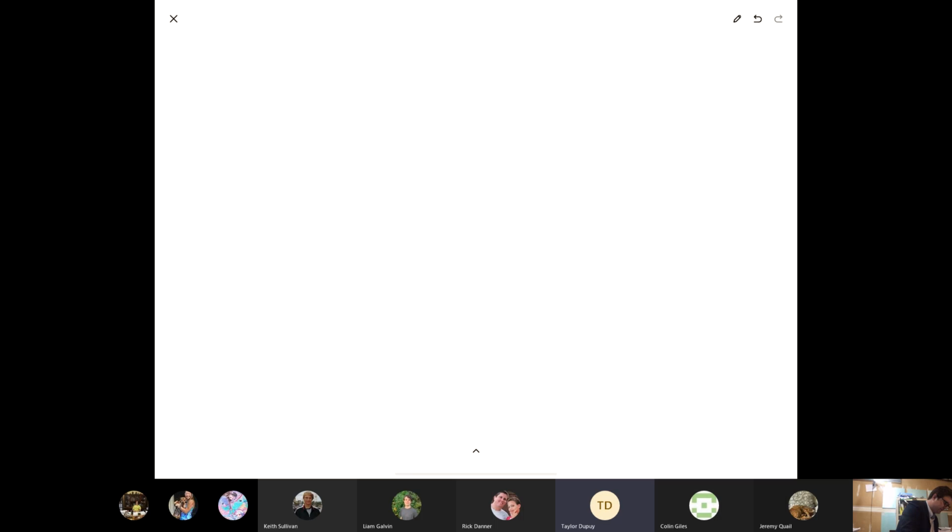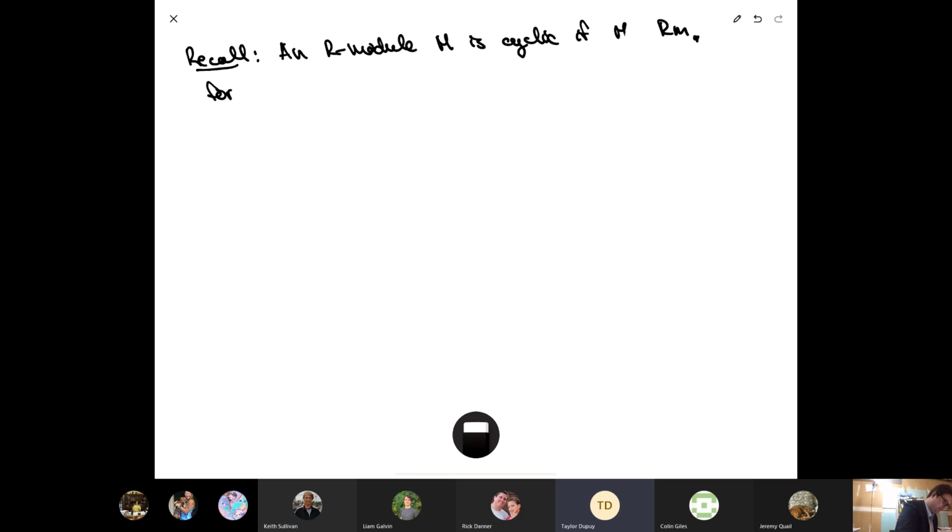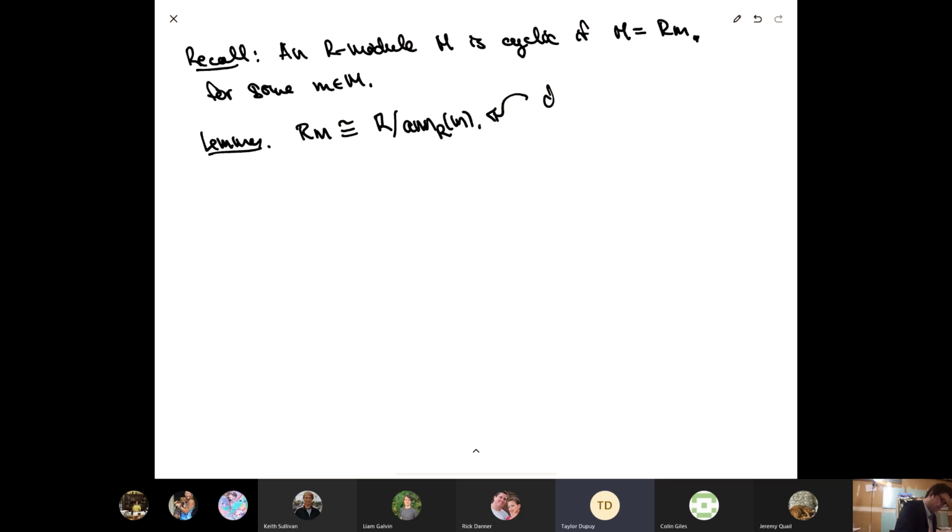Recall that an R-module M is cyclic if M is equal to Rm for some m in M. Here's a lemma that's not difficult: Rm is isomorphic to R modulo the annihilator of m. So you can check this.